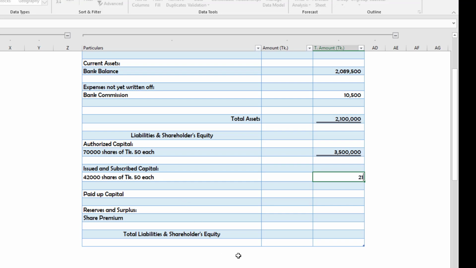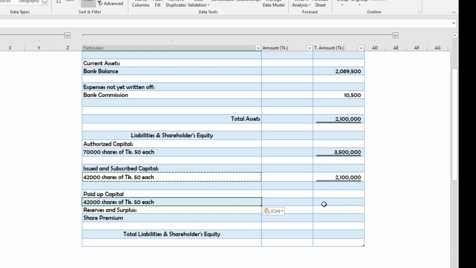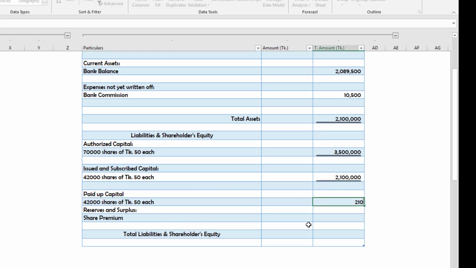And paid up capital, just like this. This is 42,000 shares of taka 50 each, and this is also 21 lakh taka.